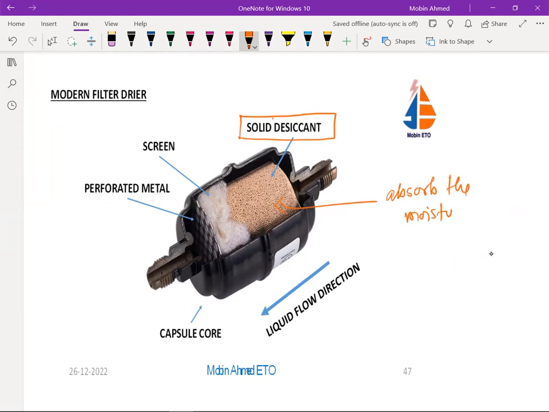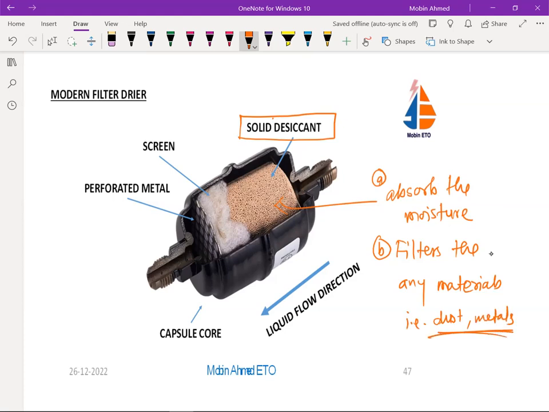Remember, it is not only going to absorb, it also filters any small metal particles or any small particle, or we'll say any foreign materials like dust, metals, likewise.